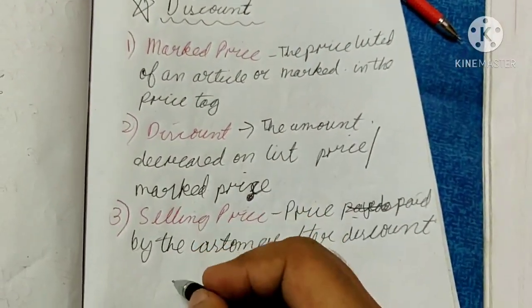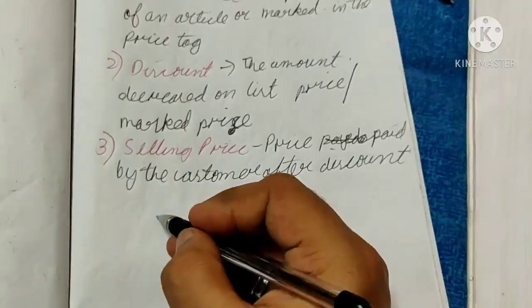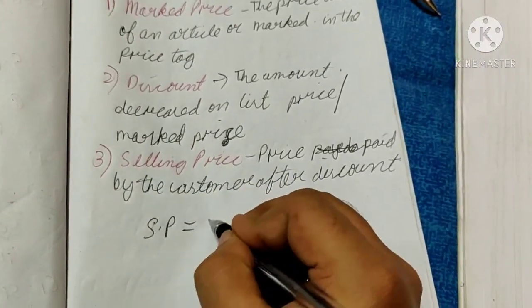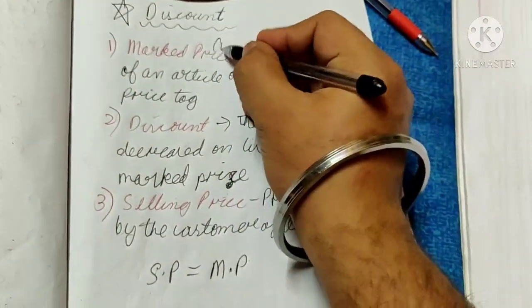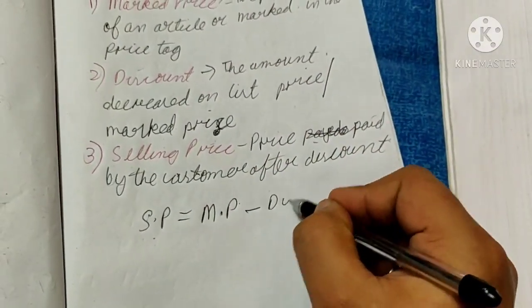So if we see, the first formula in this chapter is that selling price is equal to marked price minus discount.